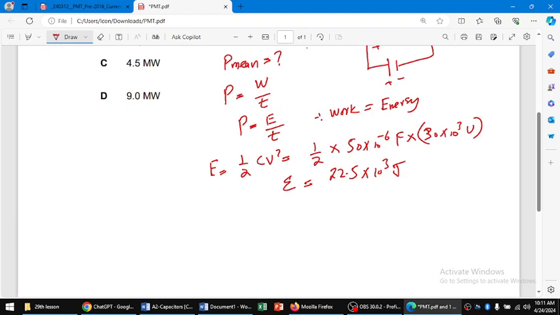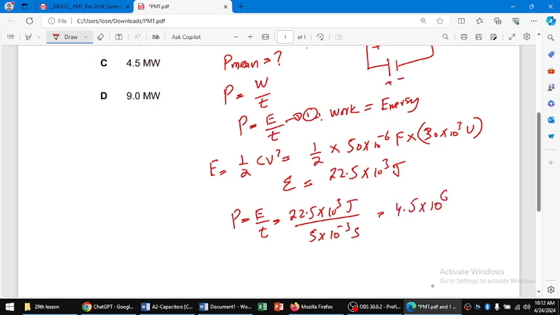Now we put this value in the above equation, equation number 1. P is equal to E over t. Energy is 22.5 into 10 to the power 3 joule, divided by the time, 5 millisecond, that is 5 into 10 to the power minus 3 seconds. We solve and get 4.5 into 10 to the power 6 watt. So the mean power is 4.5 megawatt.